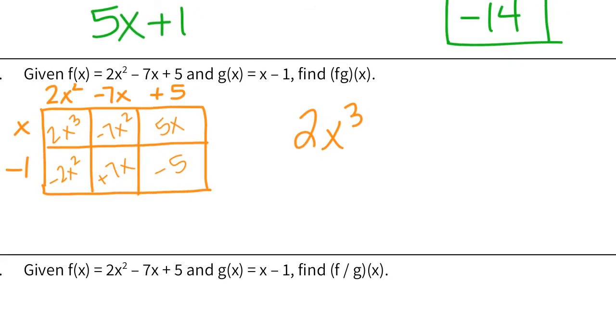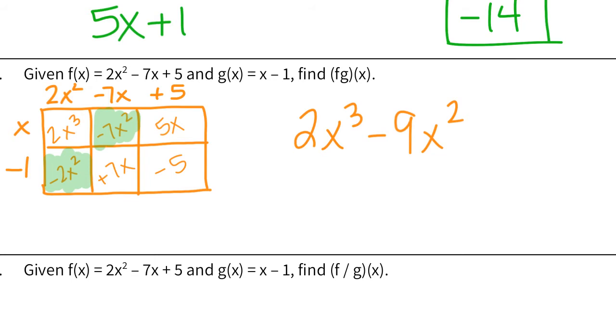Then I want to combine anything that has to the second power. This box and this box both have x to the second power, so I can put those together. That's negative 2 and negative 7, which together make negative 9x to the second power.